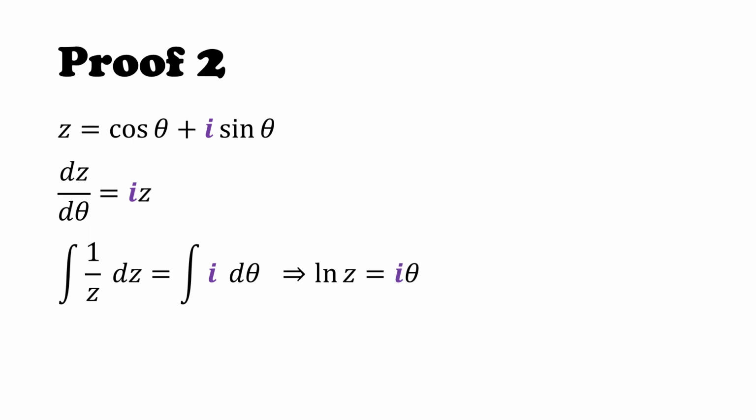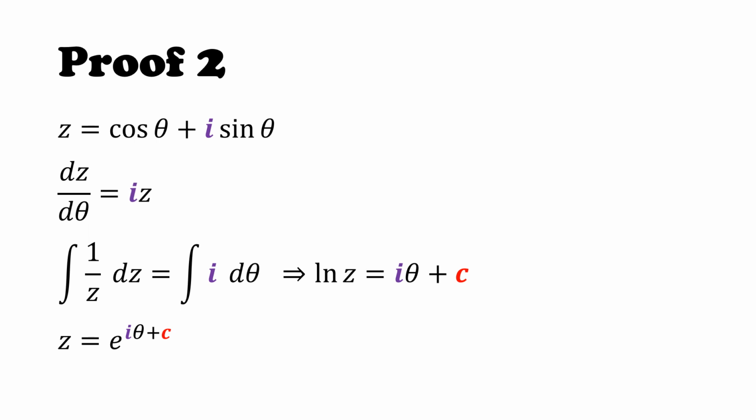And integrating i with respect to theta gives us i theta. Unfortunately, life is not that perfect. We have to remember to add the constant of integration. So if we make z the subject, now we have z equals e to the power i theta plus c. So voila, the e has shown up. All we need to do now is to show that c equals 0.